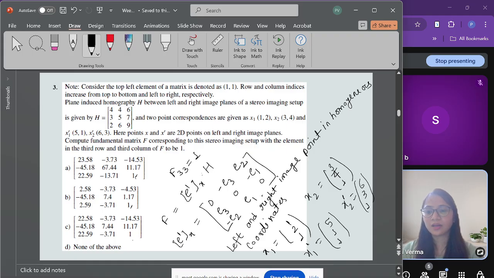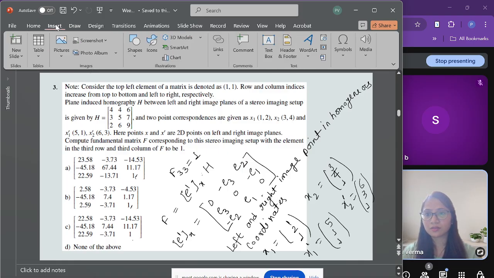Now what will be our next step? Already it is given that the normalization constant, that is the third row and third column, f33, must be equal to 1. So the epipolar constraint for the two given correspondences, how can we calculate it? Let me take one slide.